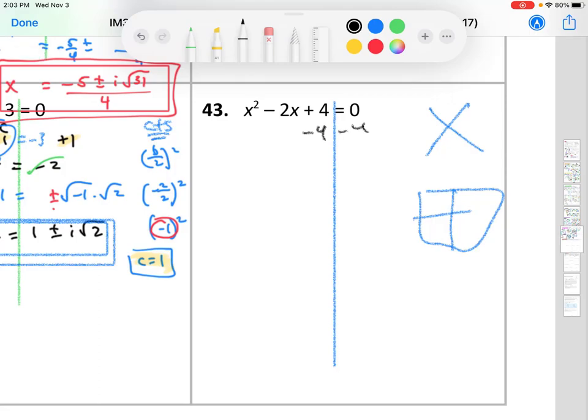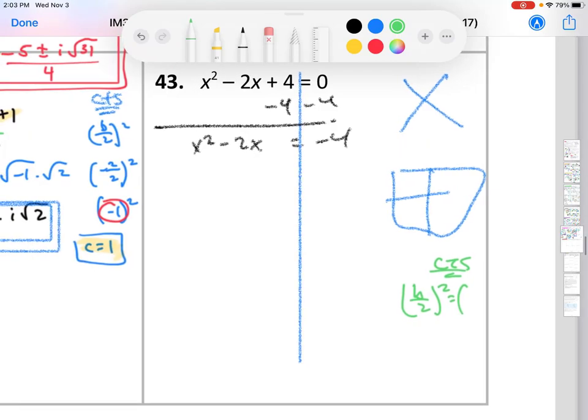So we're going to move this over. We're going to do a CTS. What's our B value? Negative 2. Negative 1 squared, which is 1.